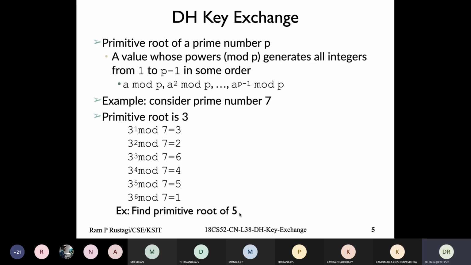That means 2 power 1, 2 power 2, 2 power 3, 2 power 4, mod 5 should give the numbers 1 to 4. Spend the next 1 or 2 minutes, compute another primitive root of 7, compute a primitive root of 5. Let me know if you are done.